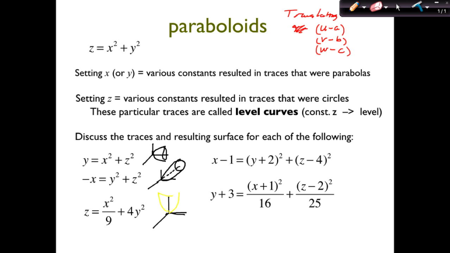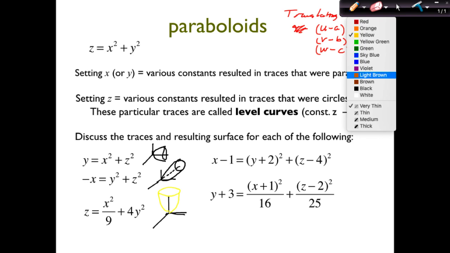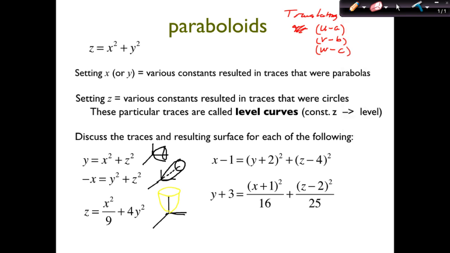So there's our z equals x squared plus y squared with scaling. So then in the x direction, stretched out or closer in? Stretched out, right? And then in the y direction? Closer in, right? So like this.